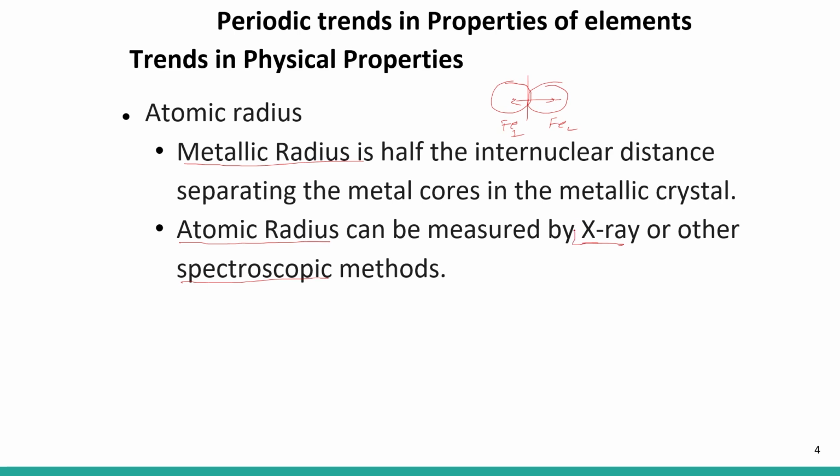X-ray is generally used for this purpose. Other radiations like infrared are also used, and for a larger observation, for which we require a larger wavelength, we use visible light. It is quite simple. For this reason we are taking the X-ray.